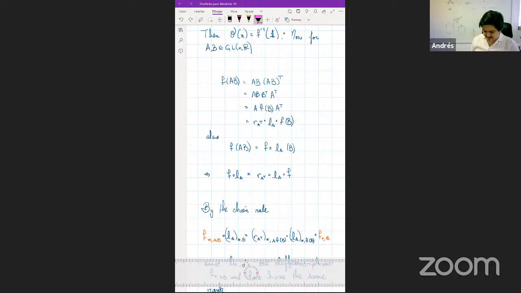Okay? Is that identity correct for everyone? So here A and B are arbitrary non-singular matrices.